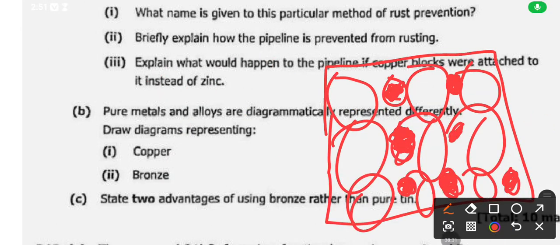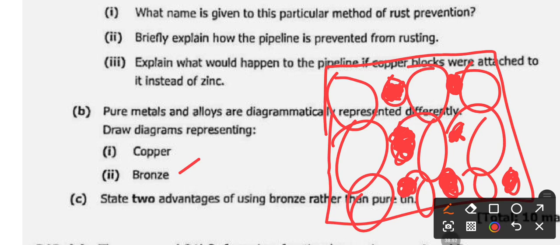Drawing a diagram of the bronze structure, since bronze is an alloy and we know that an alloy is basically a mixture of two or more metals, what we'll have is something like this. We'll have different sized atoms.